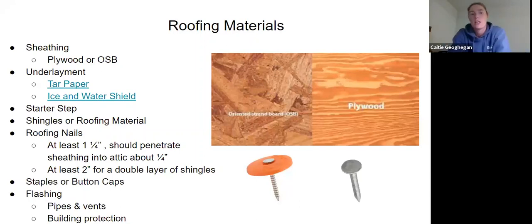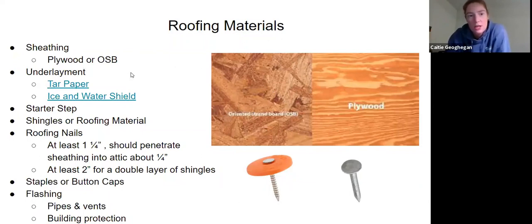If that section that's hanging off is visible from the bottom, we would use plywood, which paints easier and looks nicer, as compared to this OSB, which is just a rough, not so good finish. This is what Habitat does. They have plywood on the eaves, OSB on the rest of the roof.